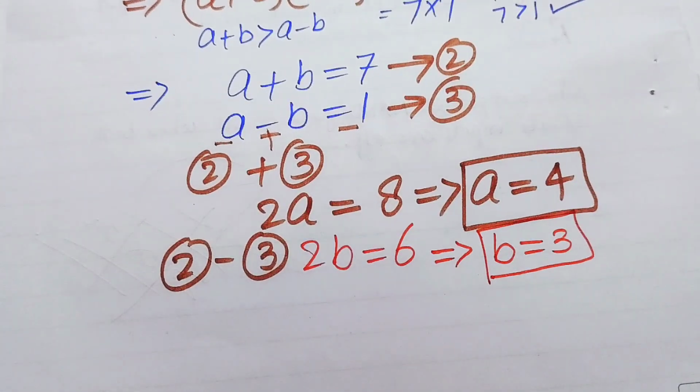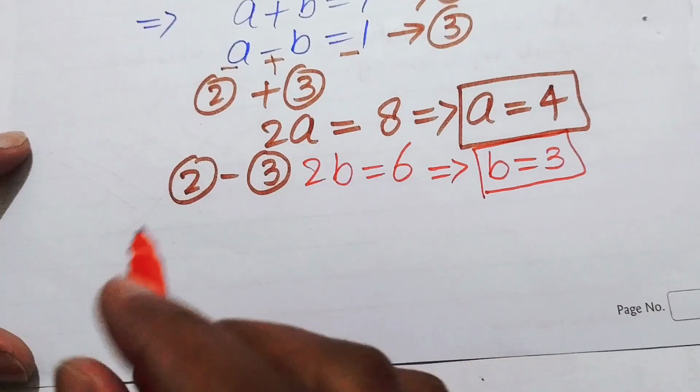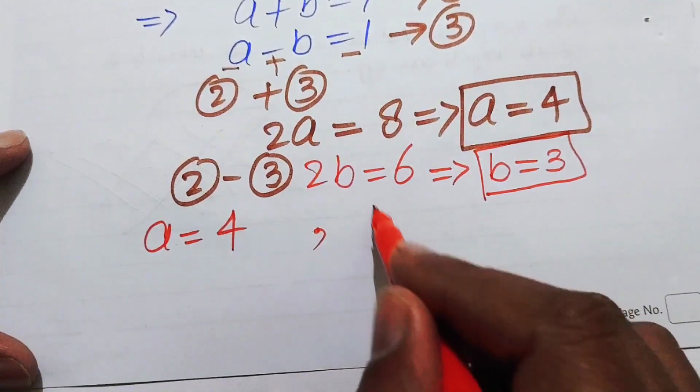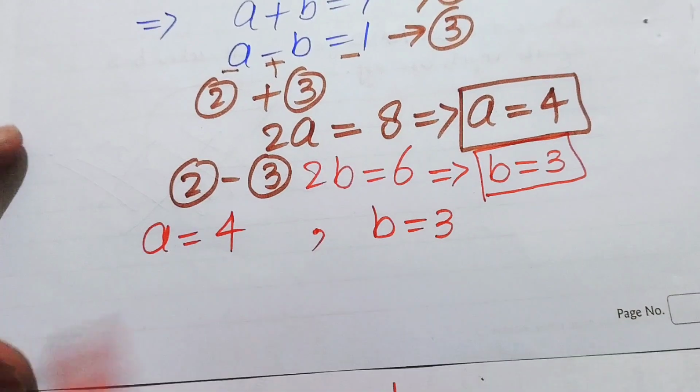So we find these two values: a equals 4 and b equals 3.